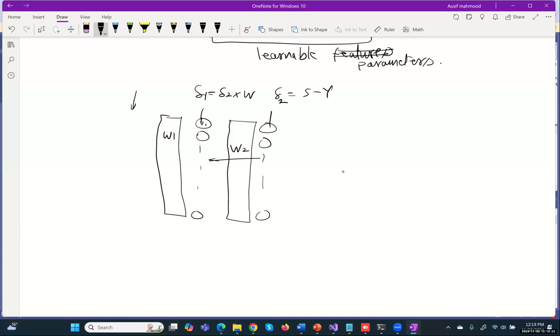Similarly, let's go over here. What will be the delta over here? Let me call it delta 0. At this layer, it will be tied to delta 1 times W1. Remember, this was our flattening layer.